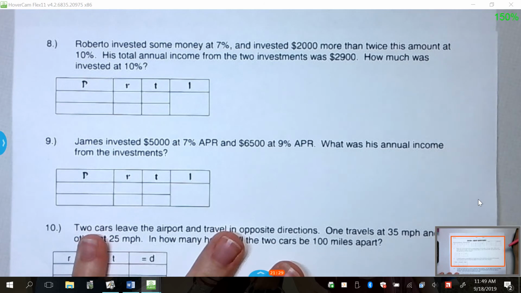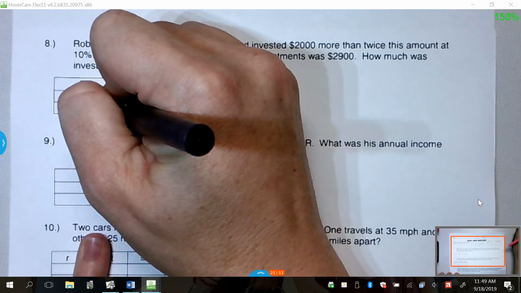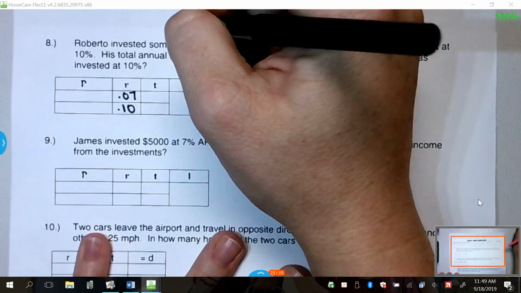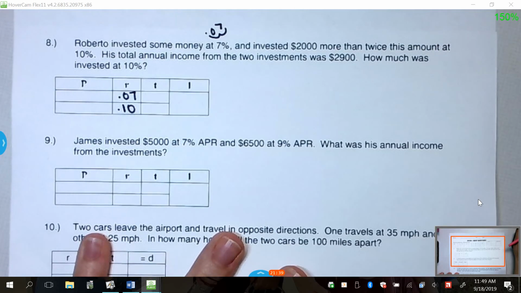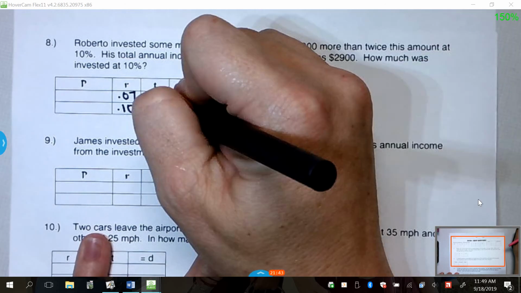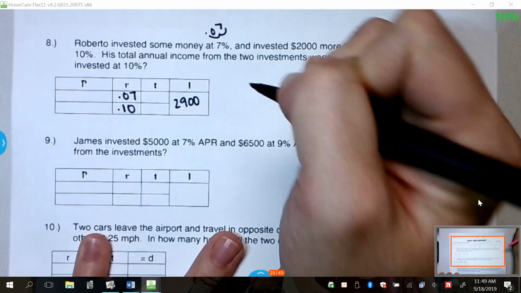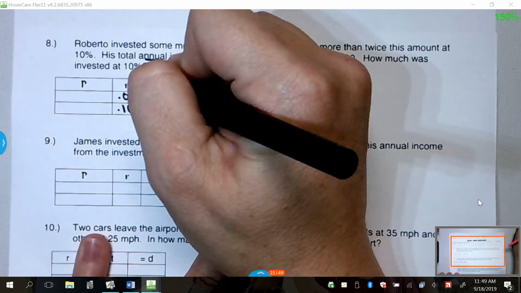So I know that I have a 7% and I have a 10%. Remember, 7%, you have to move the decimal twice. Be careful with that. And I know my annual income was $2,900. I know it's annual, so it's 1 year, 1 year.